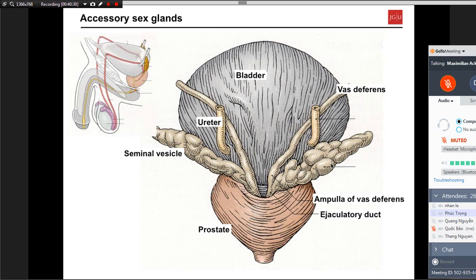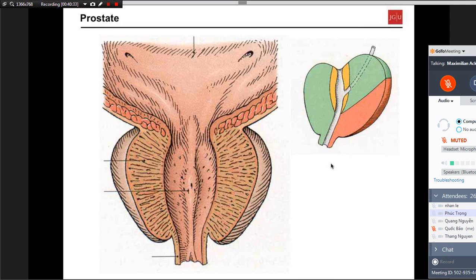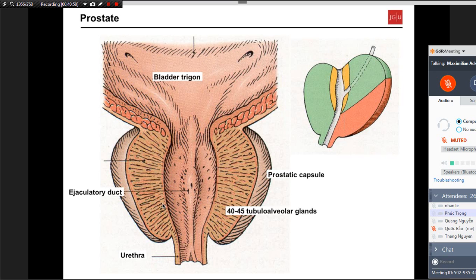Beneath you find the prostate, and the prostate has 2 parts. This is the ejaculatory ducts, where you have the secretion from the vesicle and from the testis. This is again the bladder trigone with the orifices, then here the prostate and the structures of the urethra. This is the prostatic capsule. Within the prostatic capsule, you have sometimes 40 to 50 tubular alveolar glands, which go down and secrete for the prostate itself.